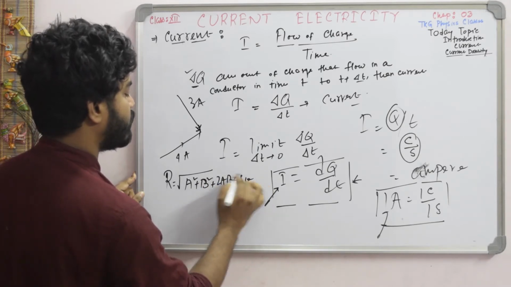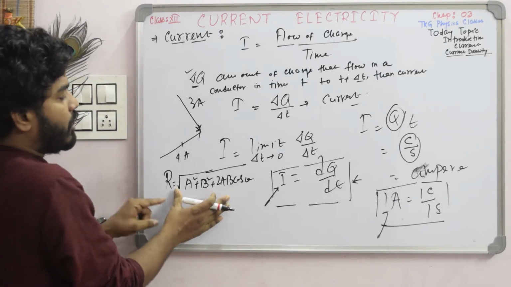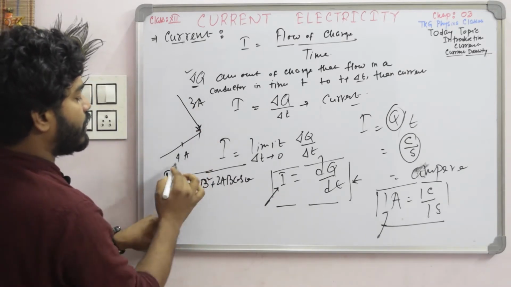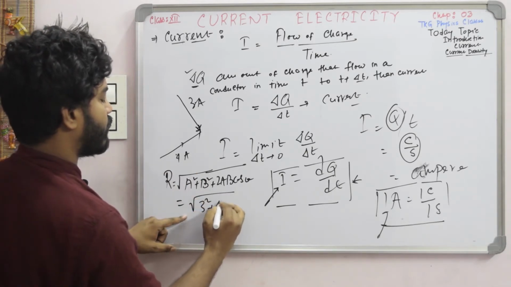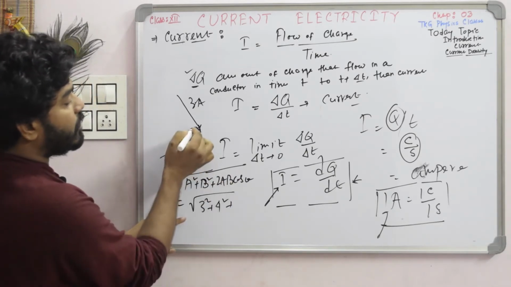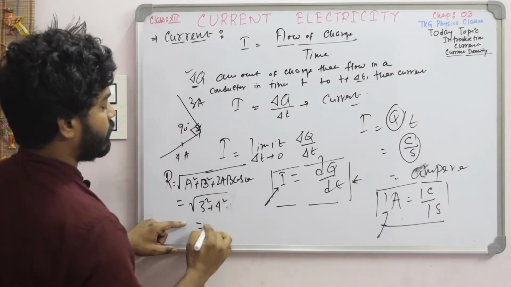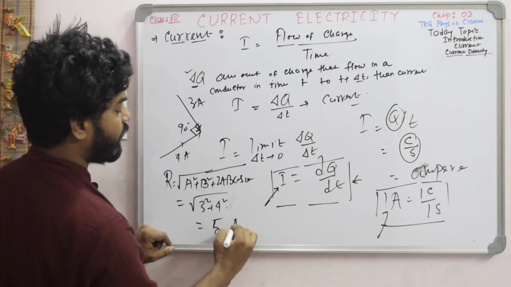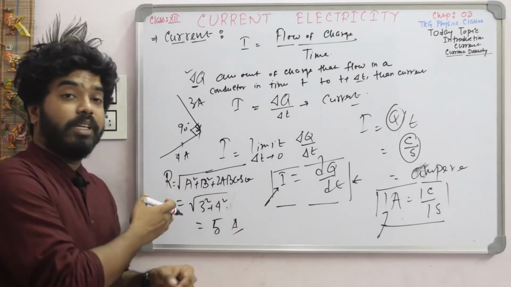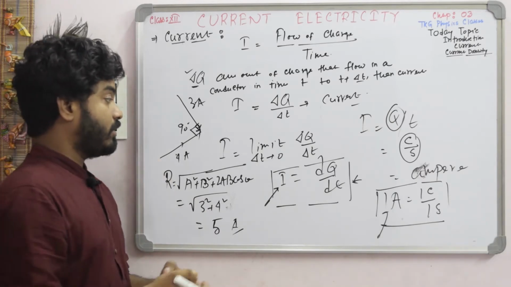This is the formula from your class 11. Putting a as 3 and b as 4, this is 3 square plus 4 square plus a part that becomes 0 because the angle is 90 degrees. So, the answer becomes 5. The resultant current becomes 5 ampere according to the vector law of addition.